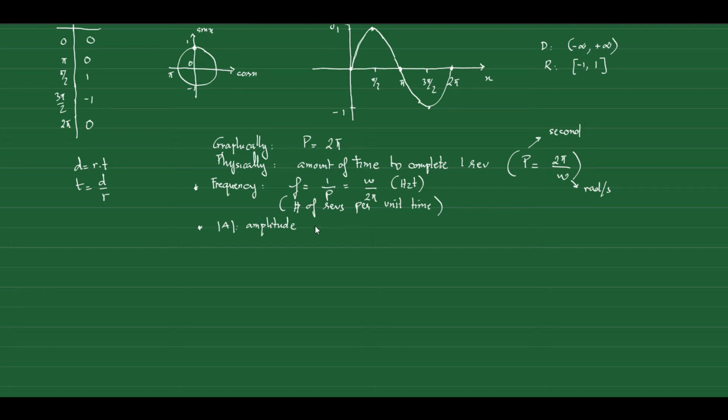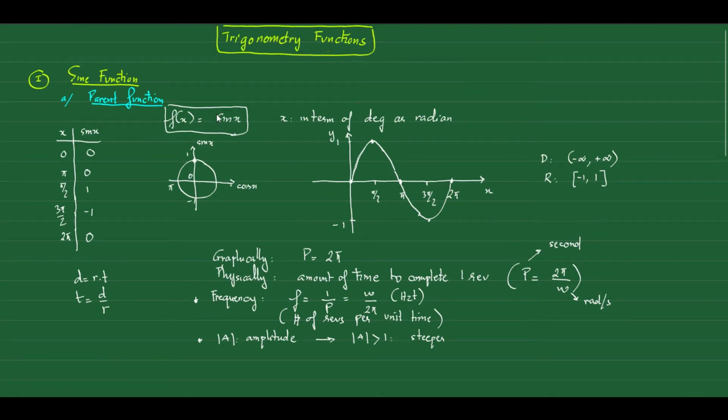And if the absolute value of the amplitude is greater than 1, we know that the graph will be steeper. Just think about it, the A is right over here. See the invisible A, right? So A is 1.